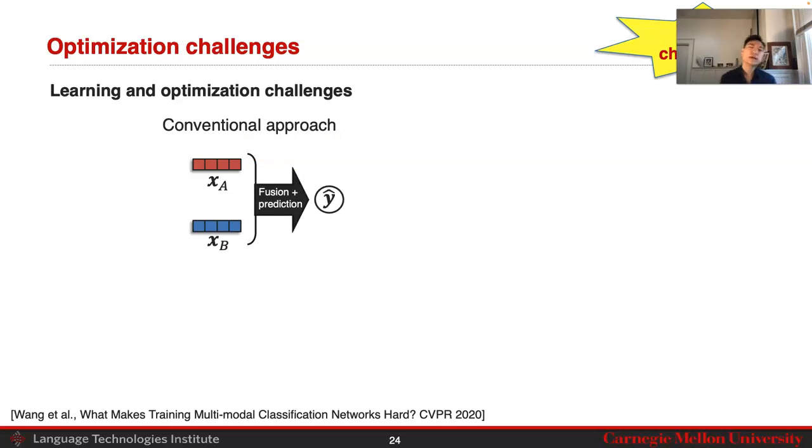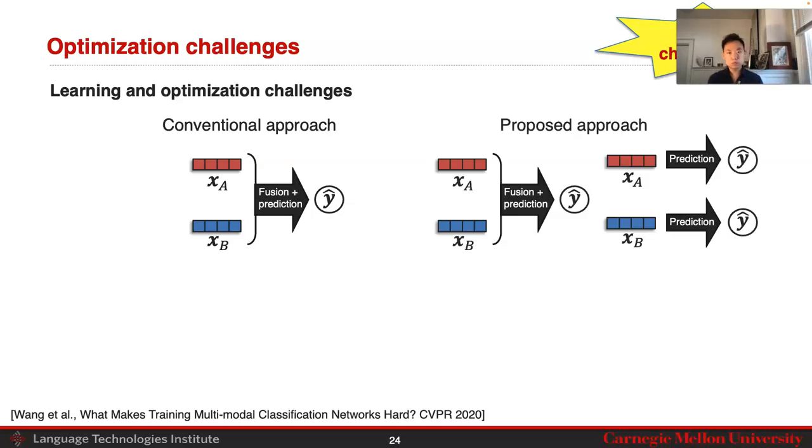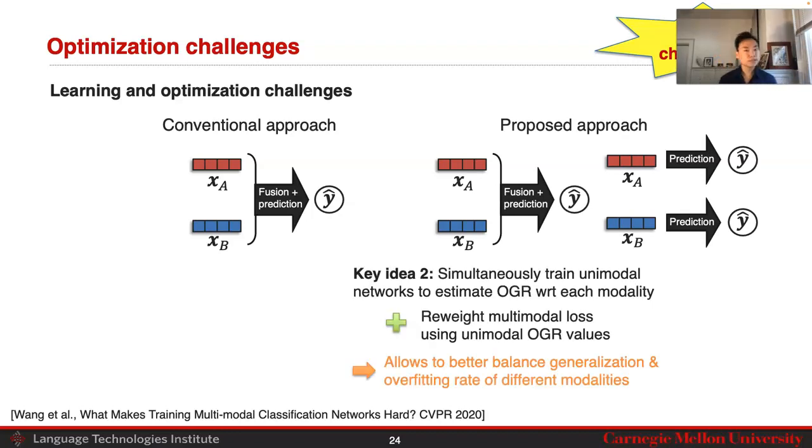One big issue here is that instead of just training one multimodal model from your modalities to your data, you actually have to train a multimodal model, but also train these unimodal models to keep track of how each modality is learning. And that can be a bit slower, but it allows you to simultaneously balance the learning rates across your modalities for better balanced training. But still, many open challenges in learning, in optimizing these multimodal models.